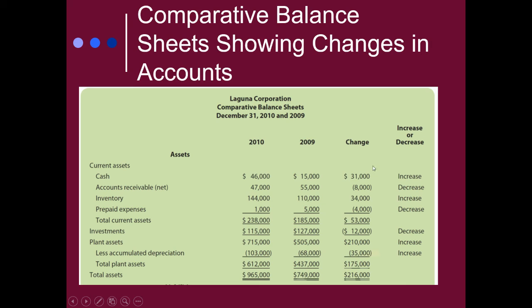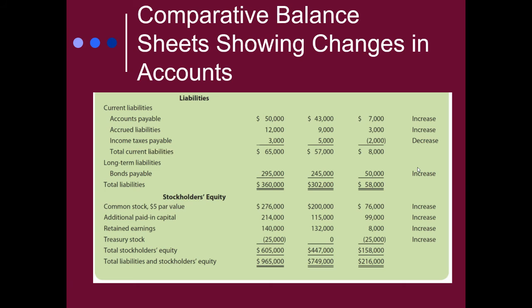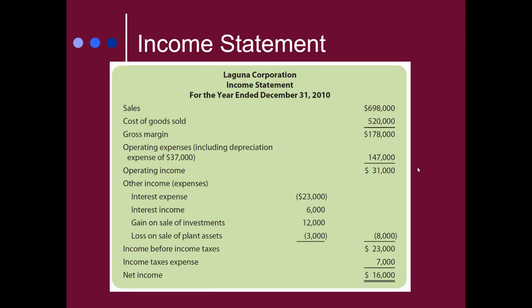So you can use whatever format you deem comfortable to calculate the changes, but you must remember that when you say it is an increase or decrease, it is from the prior year to the current year. This is the same: calculate for all the changes of the individual accounts.